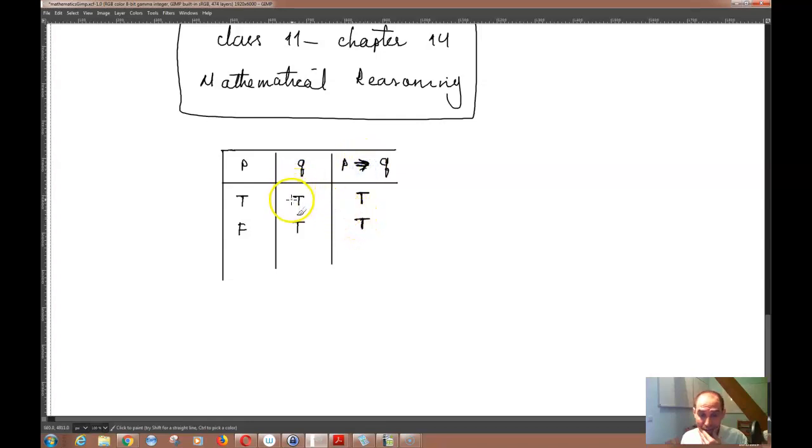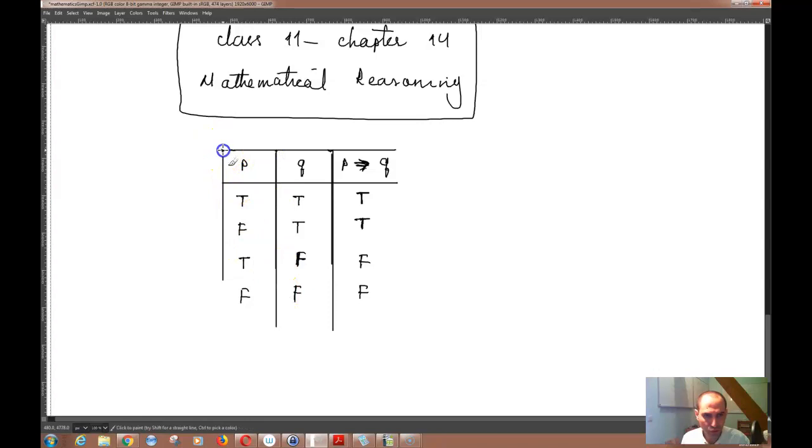And if Q is false, if P is true, then this is going to be false. If this is false and this is also false, then this is going to be false as well, right? So this works this way.